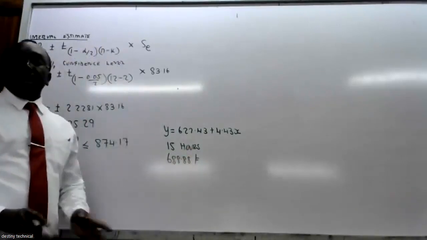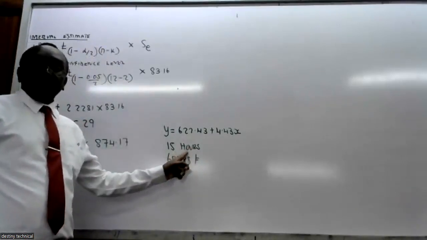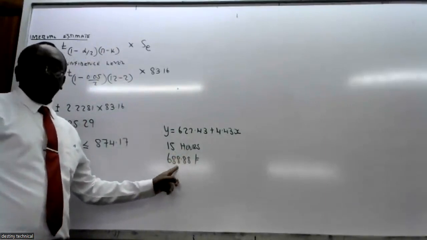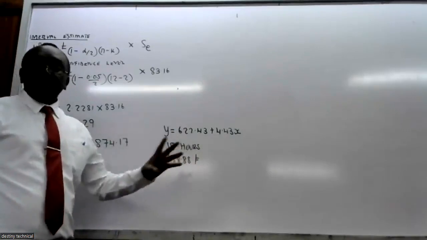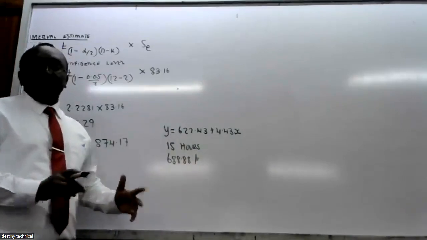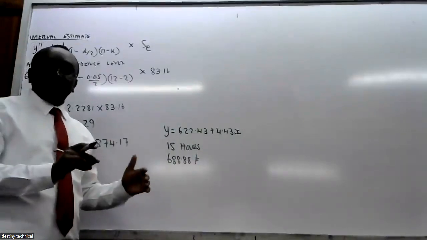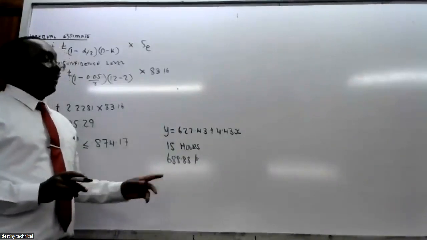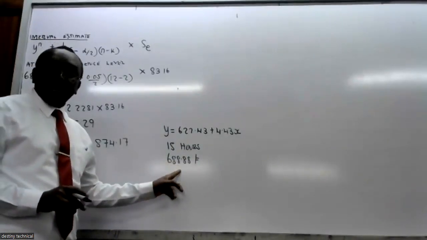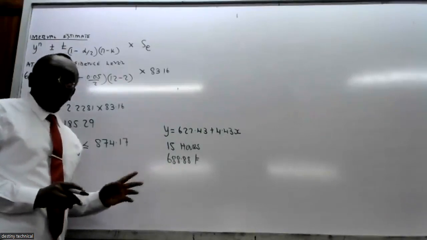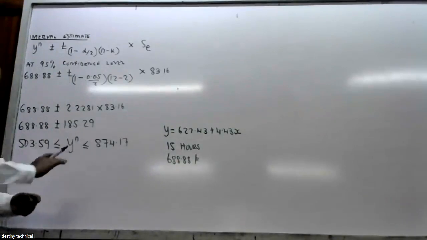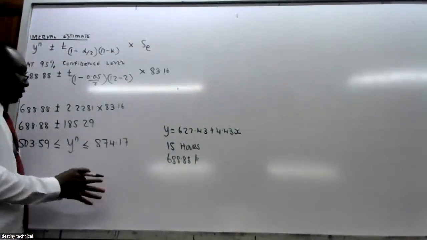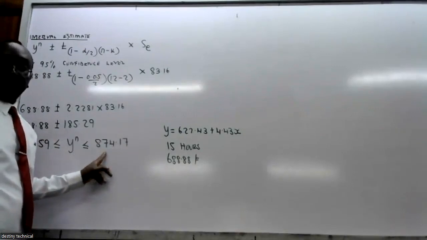So if you want to use your machine for 15 hours, you should have this money to pay for power. But because of the possibilities of errors here and there, we are 95% sure that even if we don't get 688 and we get something smaller, this is how low it can go. If we pay very little, it is 503. And if it goes higher, it will stop at 874.